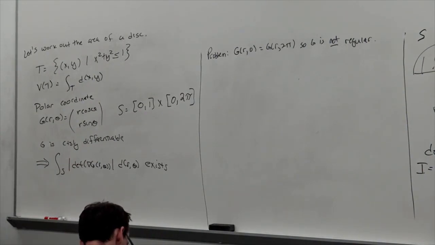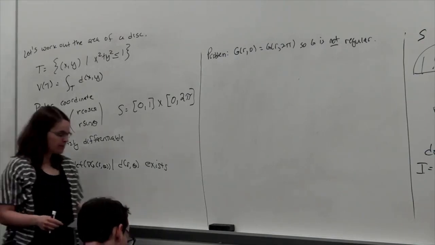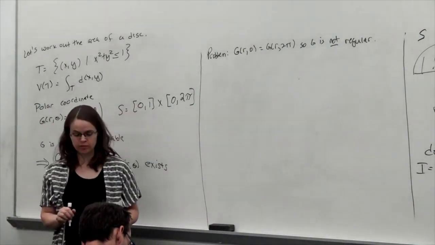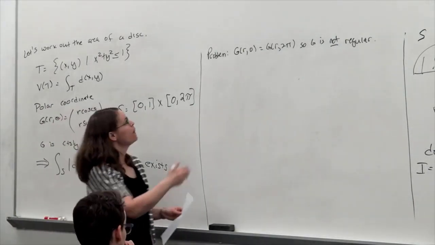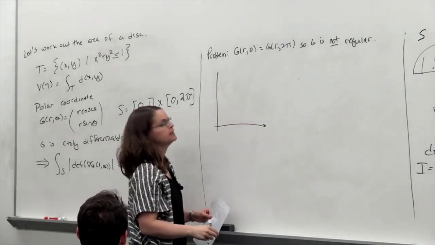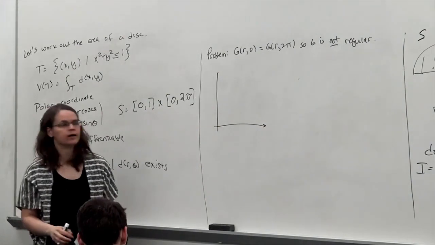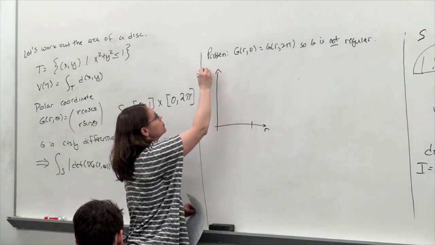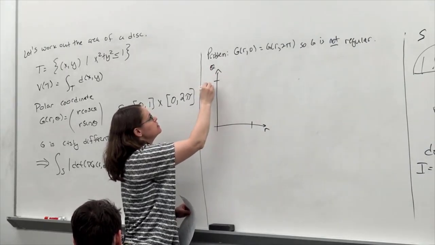Now, it turns out this doesn't kill us. We can still use polar coordinates for the entire disk. But it's just always worth being careful. Here we need to use little approximation arguments where we say, right, what we're trying to do, we're trying to have this rectangle where the radius goes from 0 to 1 and theta goes from 0 to 2 pi.